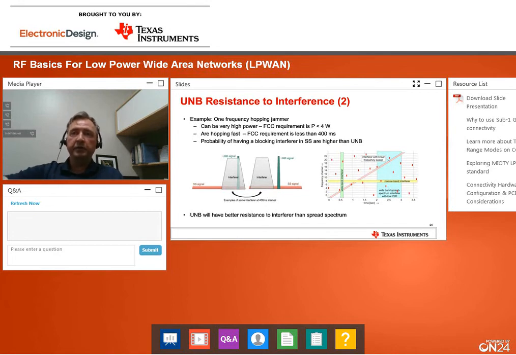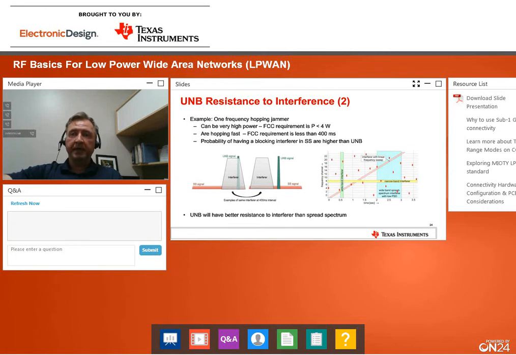And that is what I'm trying to show on this little graph over here, is that if you have a system that is a narrowband system, but it's hopping around, it'll be robust in the presence of interferers. Interferers either as a chirp signal, which is a LoRa signal.